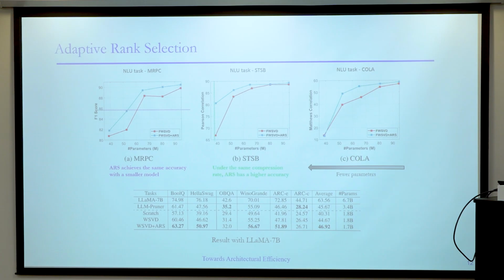In the table below, we further apply our method on the Llama 7B model. Llama 7B is an open source model released by Meta. From the table, you can see that the ARS method outperforms the other comparison baselines in terms of average task performance. In this experiment, we reduce around 75% of the parameters of the original model.